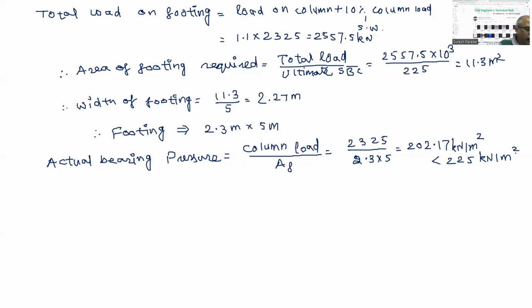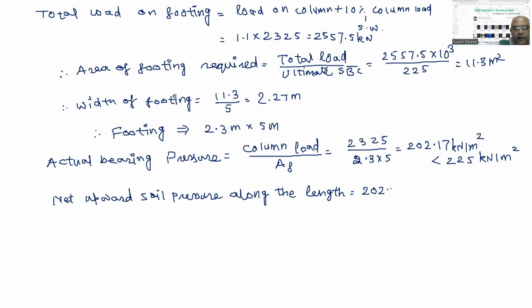Now the net upward soil pressure along the length. We have to find the UDL along the length, and therefore we multiply the actual bearing pressure by the width, as it is required along the length.